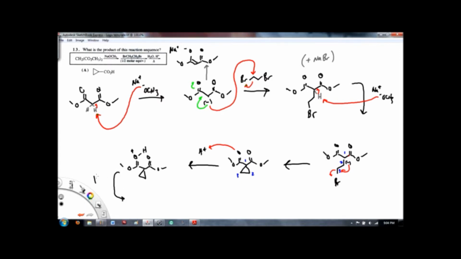And now we have water. And this water can come in, attack this. We can kick that back up. And that's going to give us now OH. Still have our three-membered ring. And we have water down here.